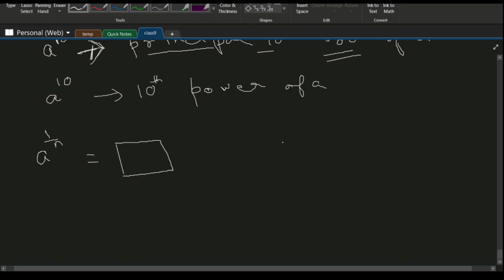For example, if I have 3 square, I can always write it as 9.